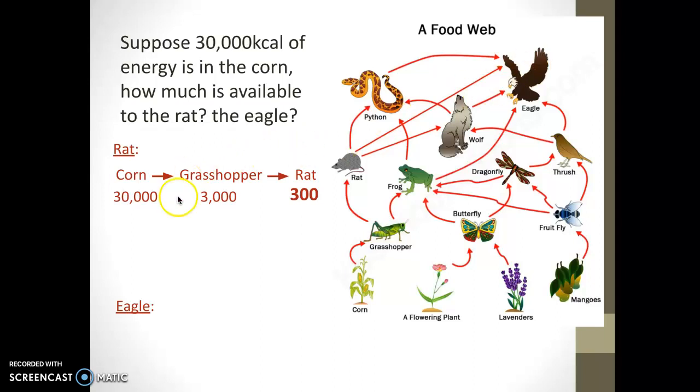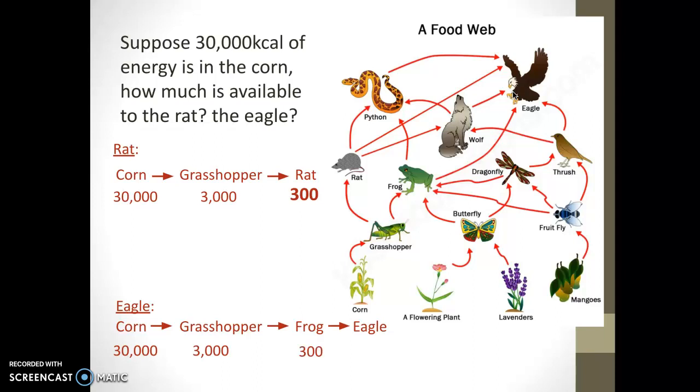And so if we look at this in the same way, how much energy is the eagle going to get? Well, in order to get the energy from the corn all the way up to the eagle, the corn is eaten by the grasshopper, which is eaten by the frog, and then the frog gets eaten by the eagle. So maybe some of you have already figured this out: going from corn to grasshopper, we reduce it by 10%, which means we really just lop off a 0.